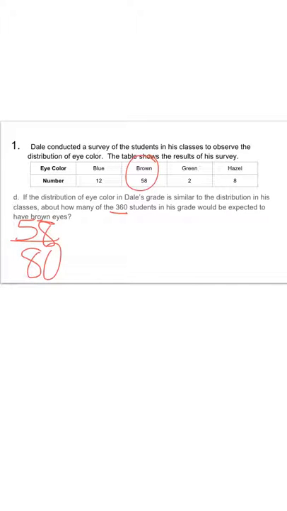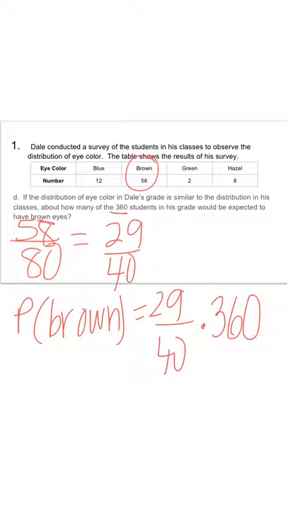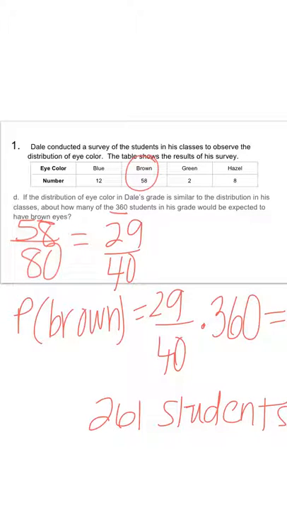You can reduce 58 eightieths to 29 fortieths. So the probability of having brown eyes in this experiment was 29 fortieths. But we want to know out of 360 students, which means we're going to multiply by 360. When you multiply those, you get 261 students who should have brown eyes if that was true for all his classes.